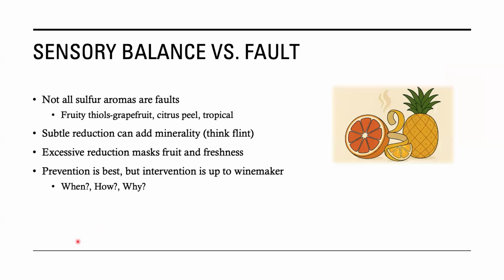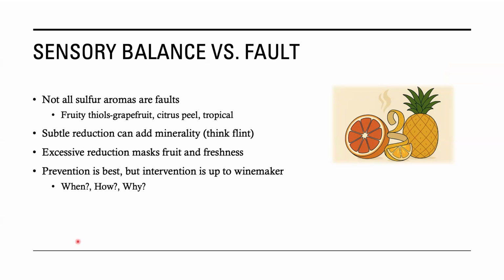I wanted to point out as well that sulfur-containing compounds aren't all bad. I'm talking about some bad ones, yes, but we talk about thiols being nice and fruity. There are some thiols we want and want to keep, while safeguarding against some of those other bad ones. Some give grapefruit, citrus peel or tropical-type aromas.